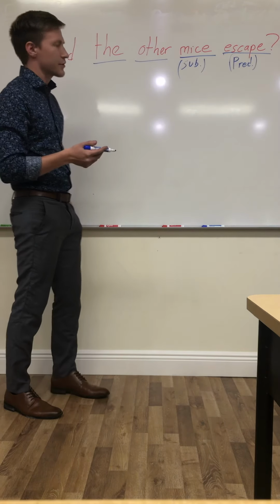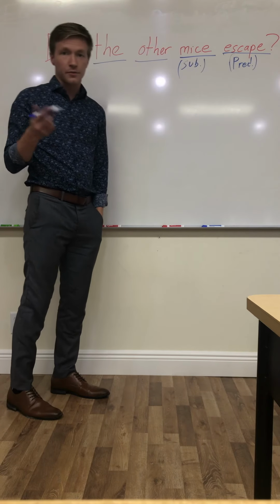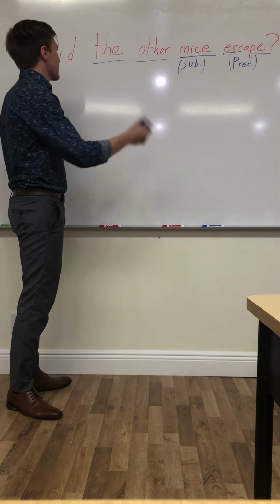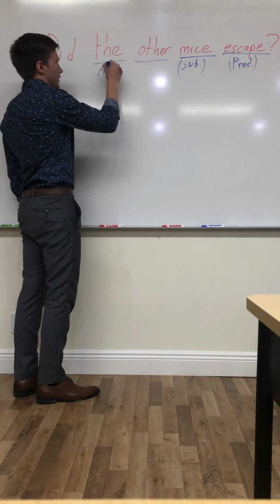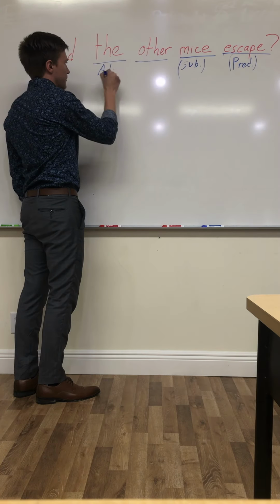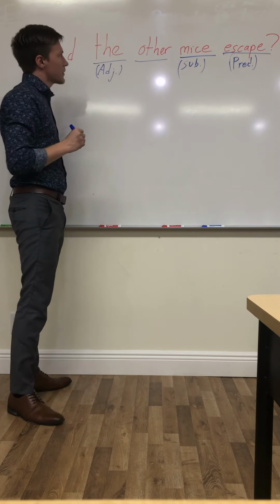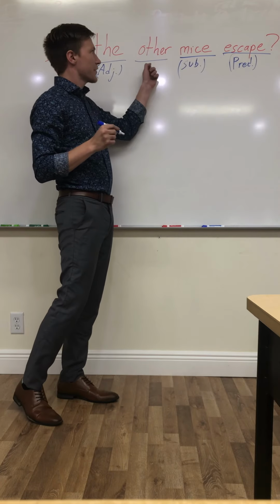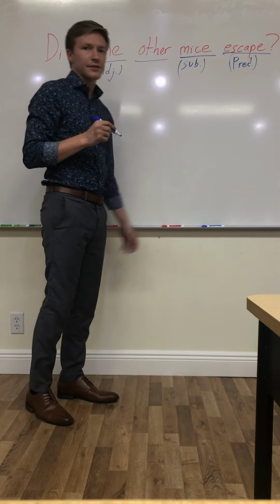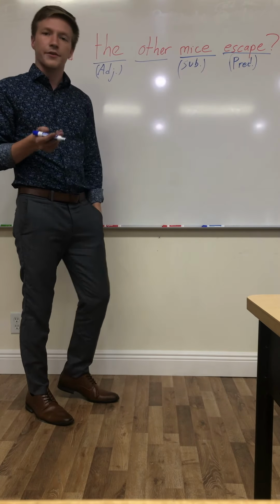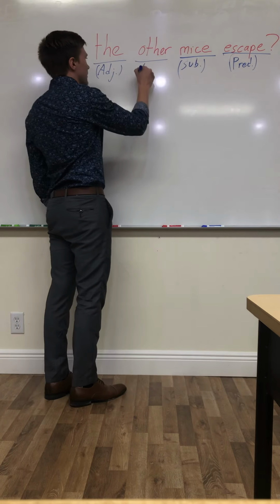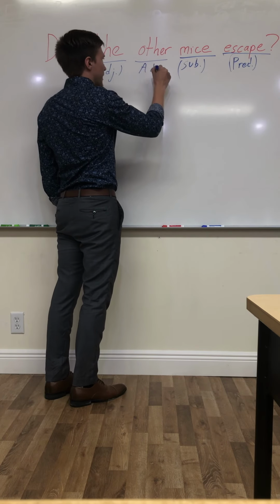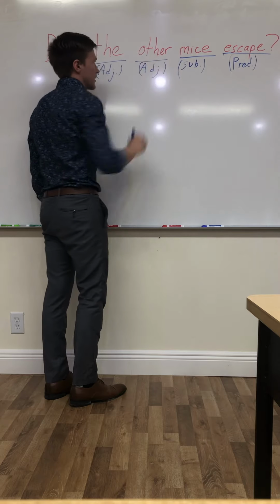And when something is describing a subject or a noun or a pronoun, we know that that is an adjective. So let's do that. Let's write adjective and put that underneath there. Same thing with other. We can tell that other is referring to mice because it's not the other escape, it's the other mice. So we can tell that that describes and modifies that word. So let's draw that right here.